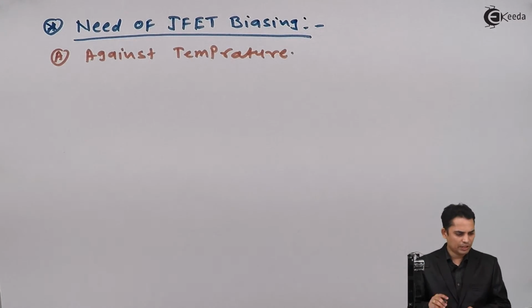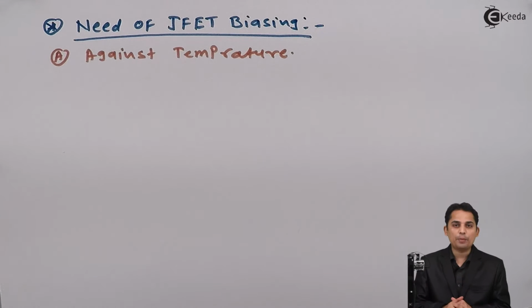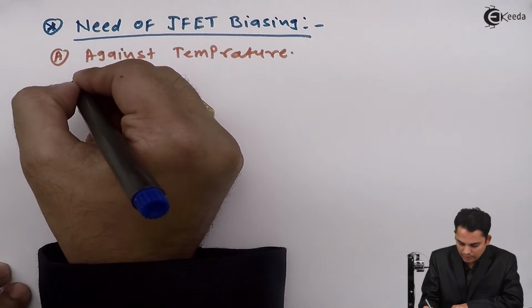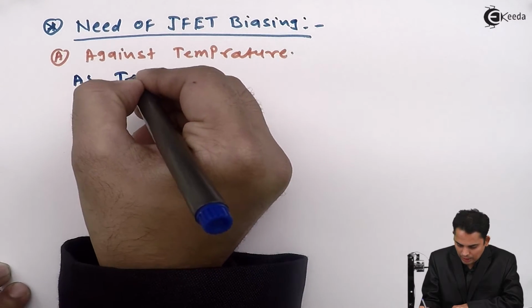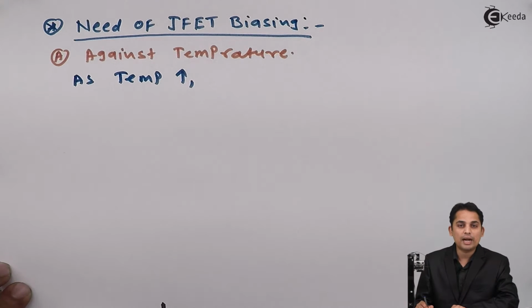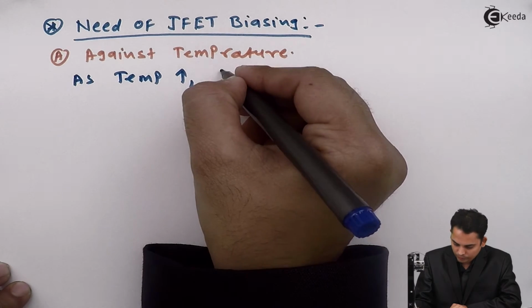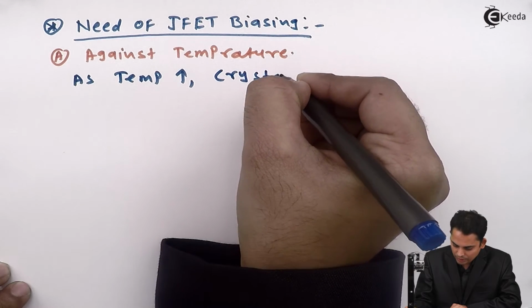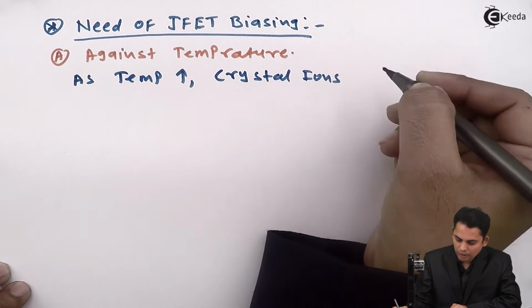Now we can see that as temperature increases in JFET, crystal ions will start vibrating, because JFET is made up of substrate and drain and source.